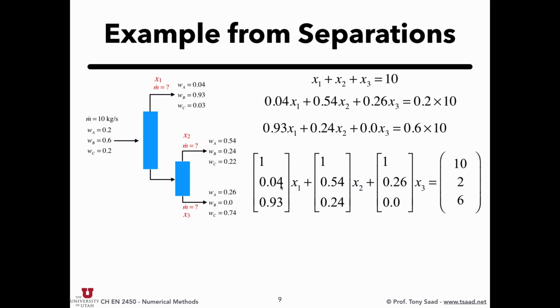And then the second row is 0.04x1 plus 0.54x2 plus 0.26x3 equals 2, and 0.93x1 plus 0.24x2 plus 0x3 is equal to 6. All I did was change the nomenclature.